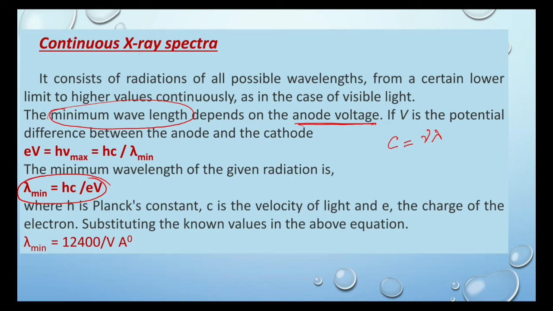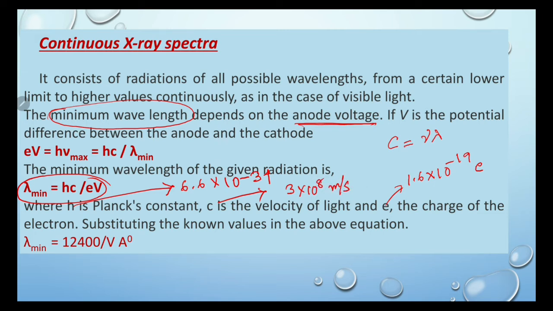The value of e, the electronic charge, is 1.6 into 10 to the power minus 19 coulomb, and h, the Planck's constant, is 6.6 into 10 to the power minus 34 joule second, and c is the velocity of light, 3 into 10 to the power 8 meter per second.